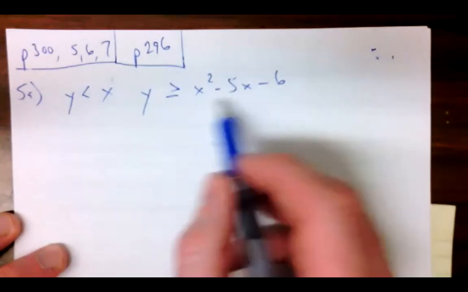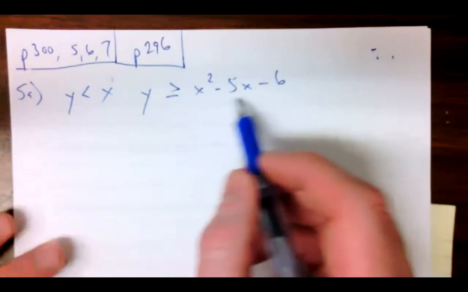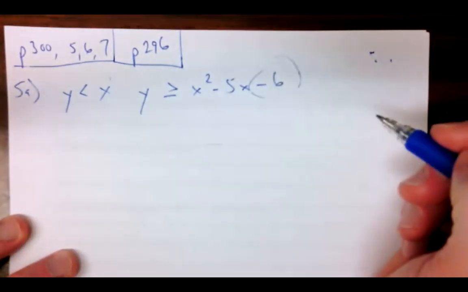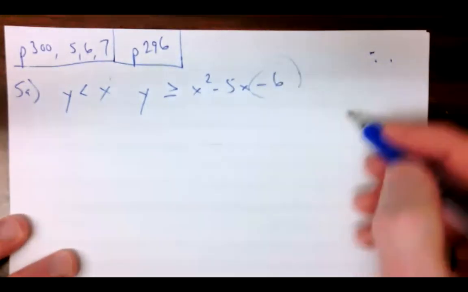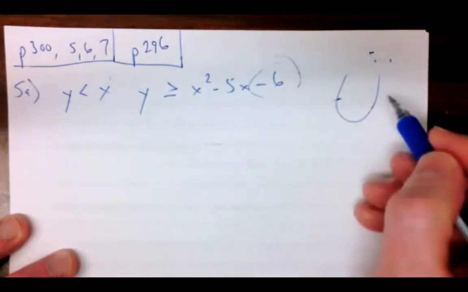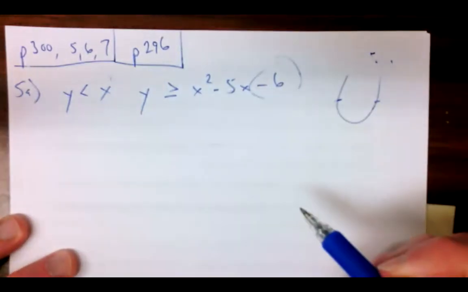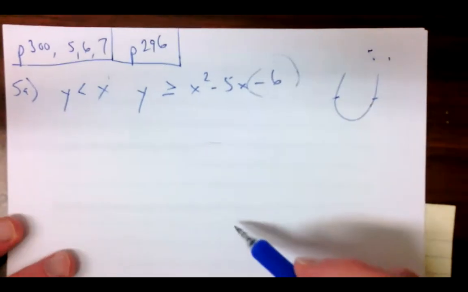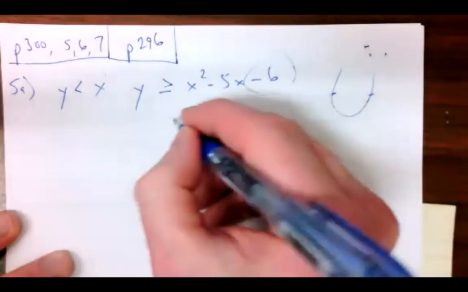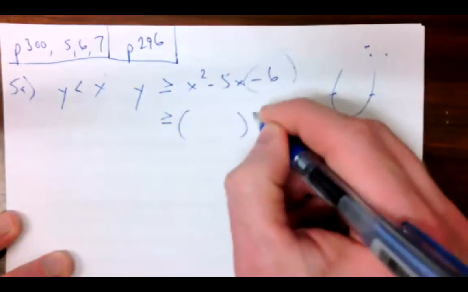The easiest way to graph this for me: we know that -6 is where it's going to go through the y-intercept. It's positive, so it's going to be this shape. And we can find our intercepts by factoring this, and then we'll have points to plot. It'll make it easier. So I will factor this.